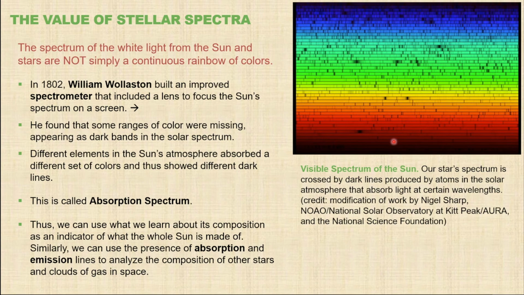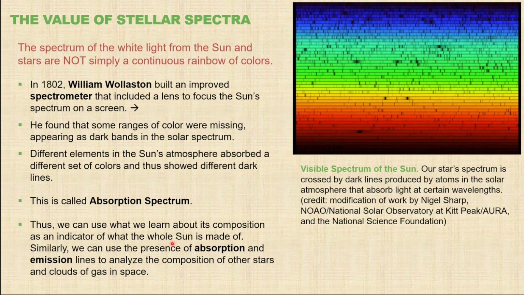That's why these are called absorption spectra. These absorption spectra are created when specific elements, could be helium, hydrogen, carbon, iron, absorb certain wavelengths of that spectrum, and it appears dark.